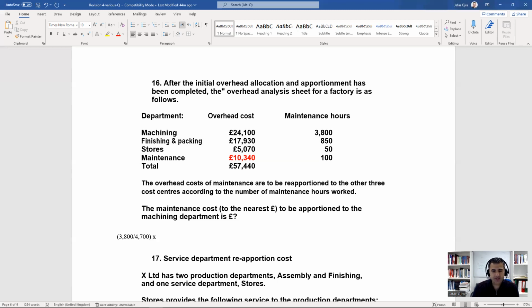Then you multiply by the cost of maintenance, which is 10,340.